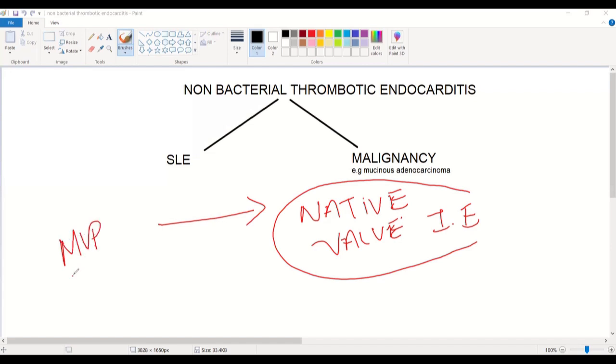MVP with regurgitation is the most common predisposing condition that leads to native valve infective endocarditis. Right? Yes. So this kind of stuff, and the systemic emboli present with symptoms of stroke, right?